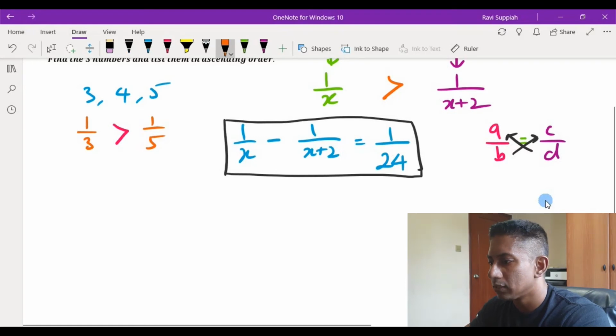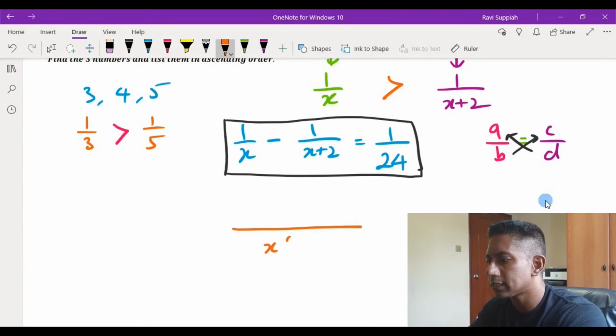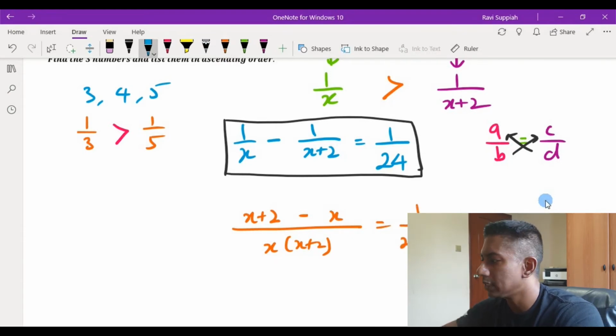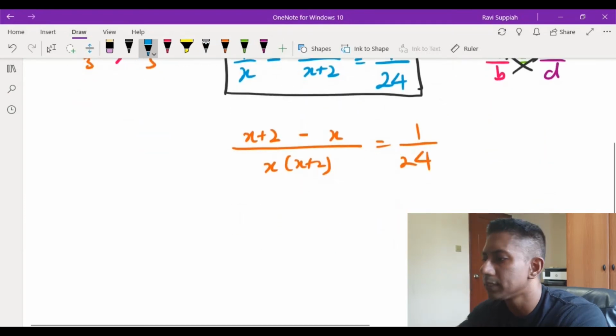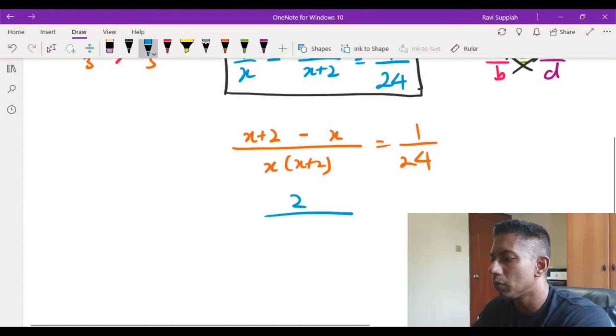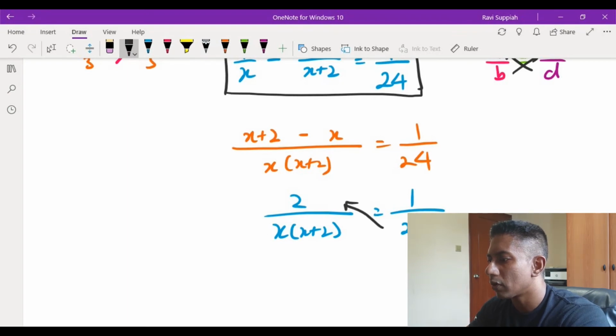I'm going to say x times x plus 2 as the denominator. On the numerator I have x plus 2 minus x, equals 1 over 24, and you can simplify the numerator. So you have 2 over x times x plus 2 equals 1 over 24, and now I can cross multiply.